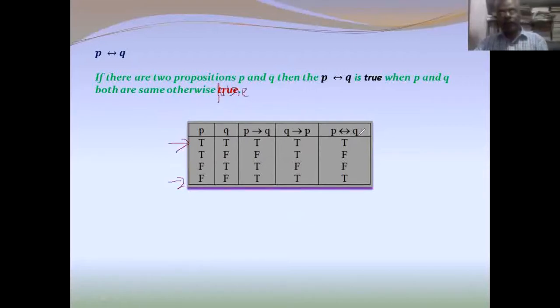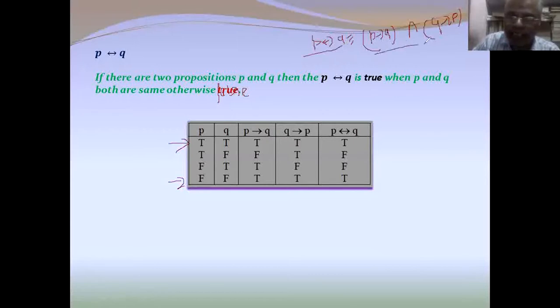And the second way to represent P double implies Q is this: P double implies Q is equivalent to P implies Q and Q implies P. We will discuss equivalence in detail.